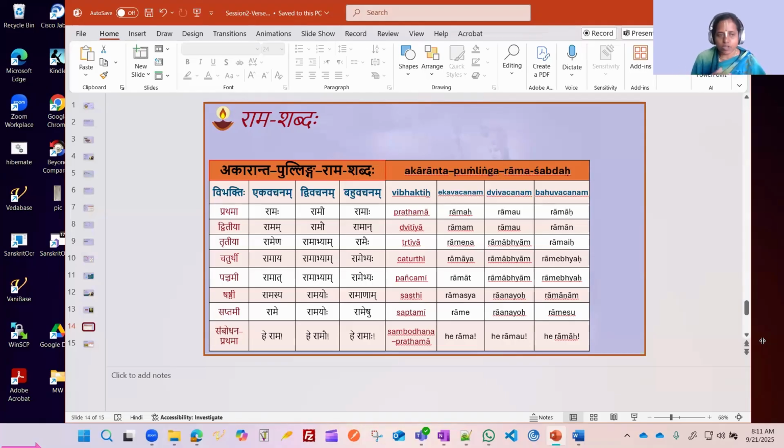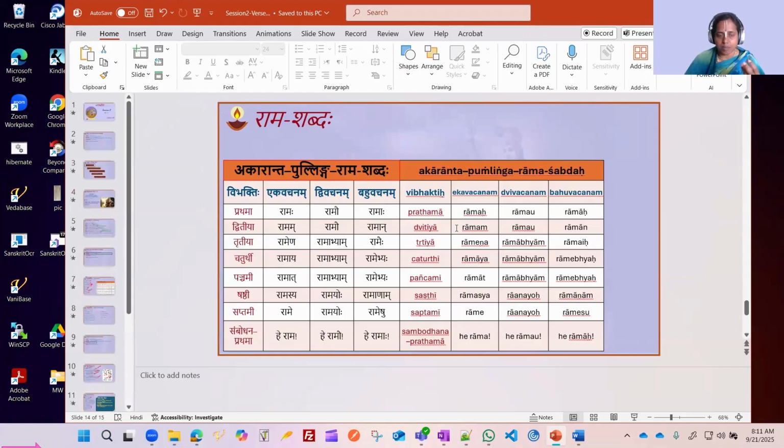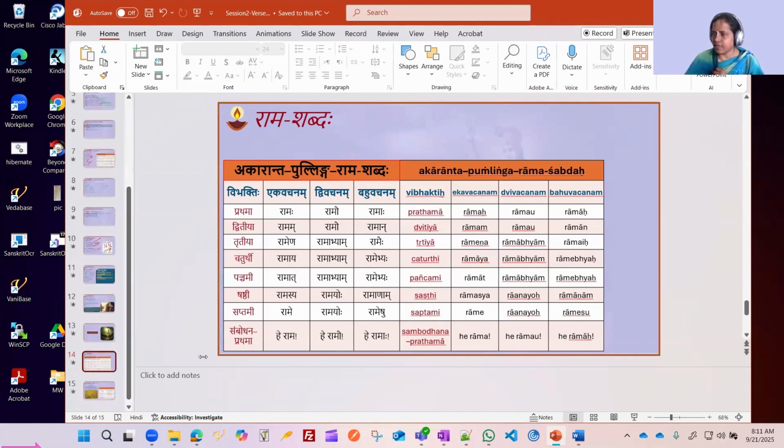This is a simple shloka we took. But if you understand the mechanics of how to do it, you will be able to understand any complicated shloka on your own without relying on the translation. That requires a lot of understanding of Sandhis, Samasas, and basic words, how to understand the meaning, but gradually we can pick it up. So we can end here.